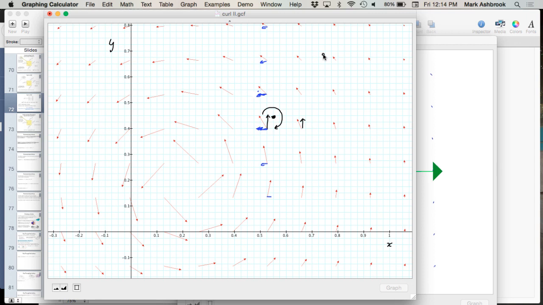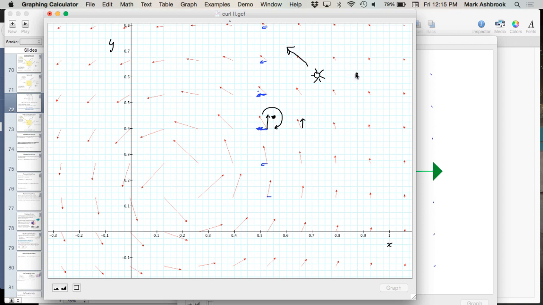So this whole thing rotates counterclockwise. One way you can think about this is as a flow field, like a whirlpool. And we've got a little flywheel in here that's allowed to move freely and rotate. Which way is it moving? Counterclockwise. Does that mean the curl is counterclockwise?